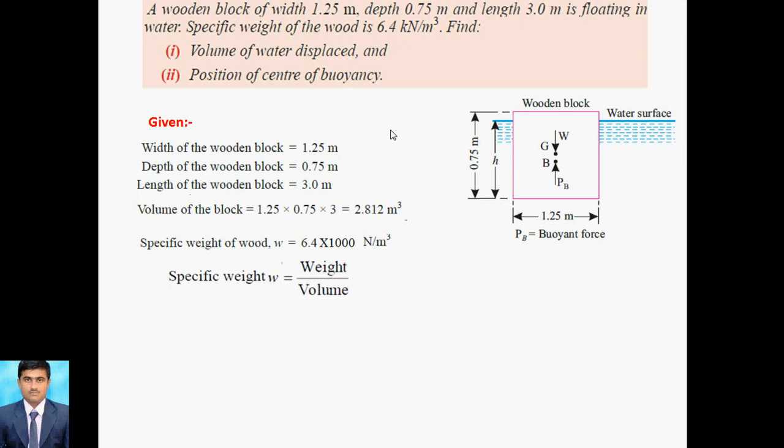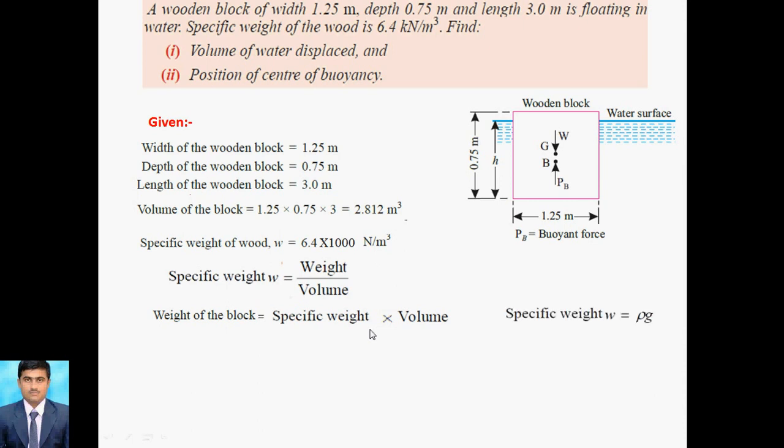Now we go for the specific weight. What is specific weight actually? It is equal to weight upon volume, correct? So here volume is required. Specific weight is equal to weight upon volume, that is the relation. So the weight of the block is specific weight into volume.